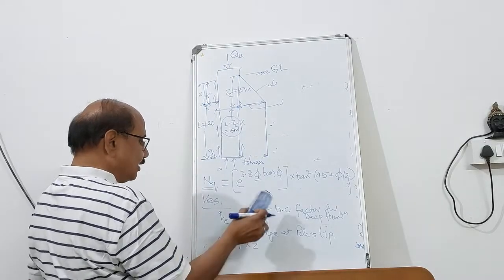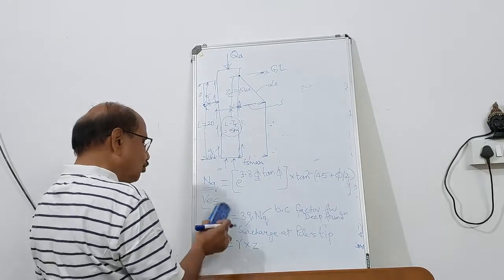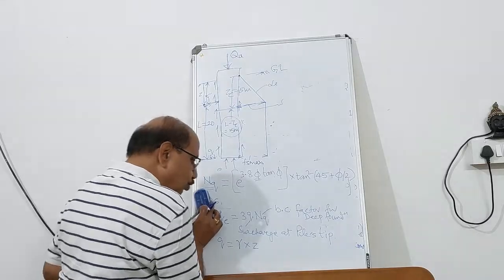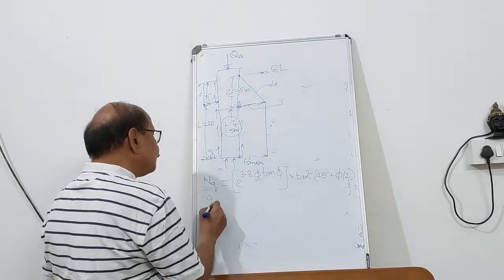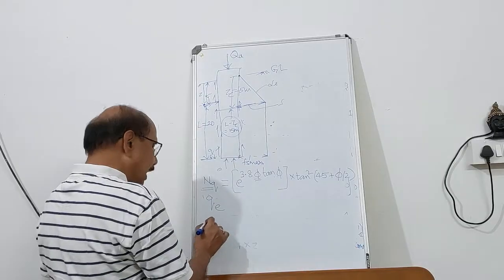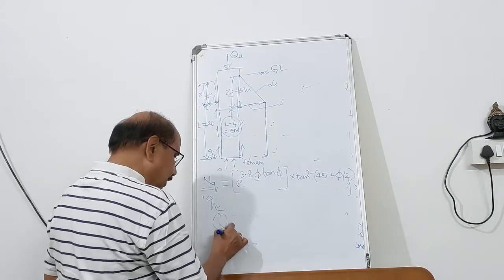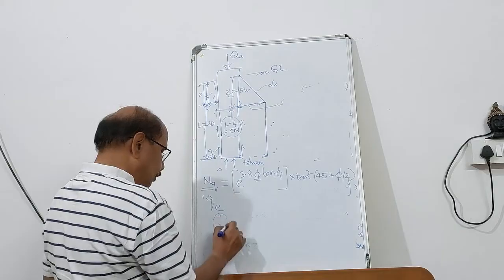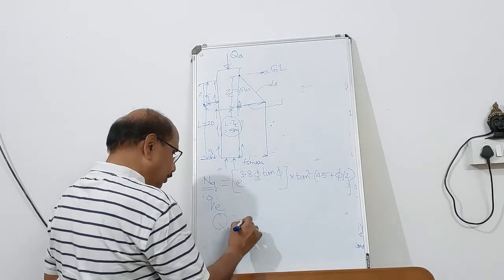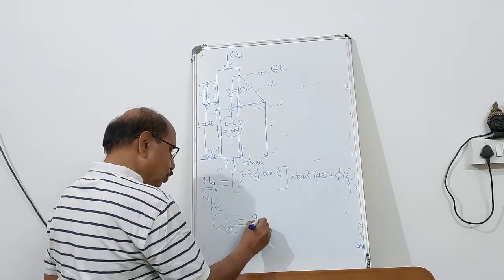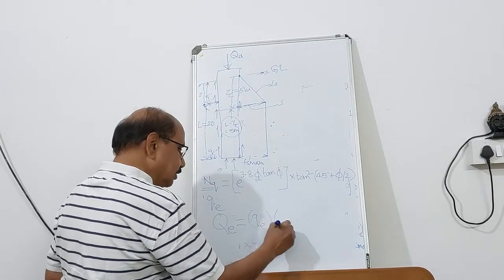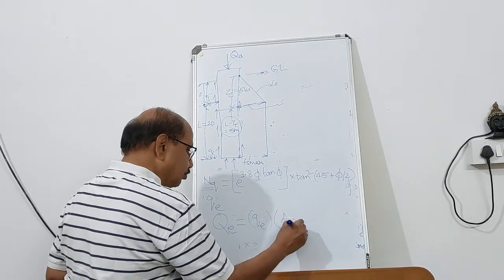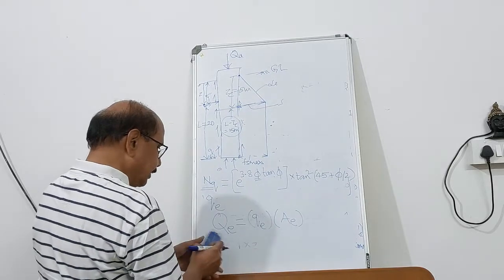So as per Vesic, this expression is widely used. Once you know the value of QE, then the load transferred at the pile tip, capital QE, equals unit end bearing resistance multiplied by area of the pile at its end.